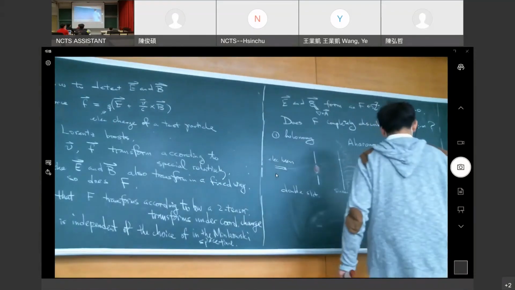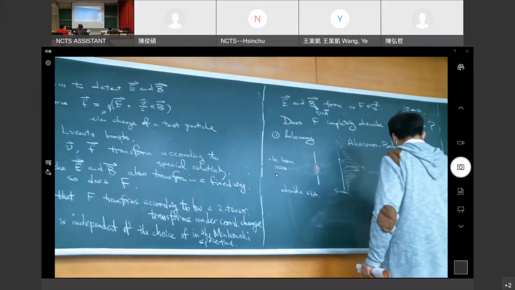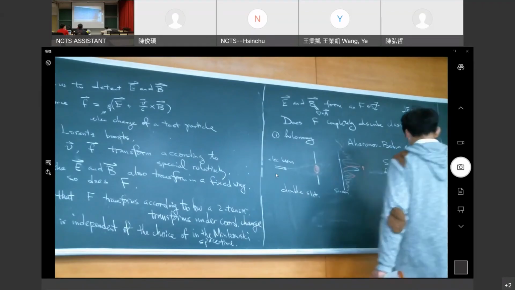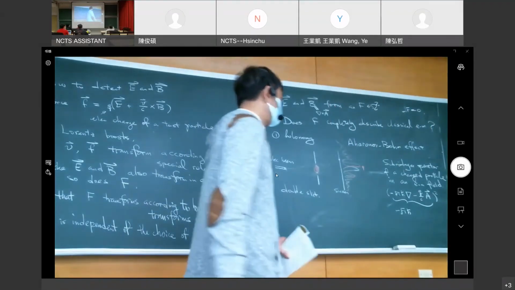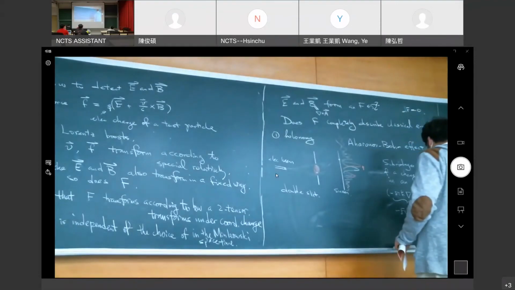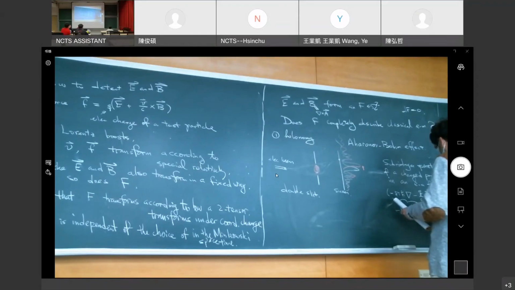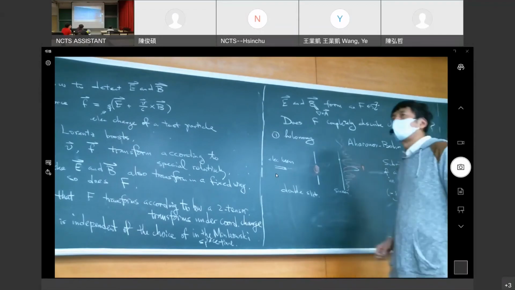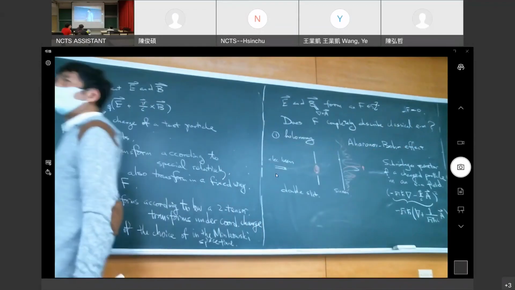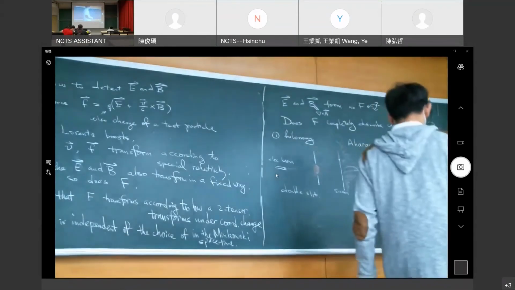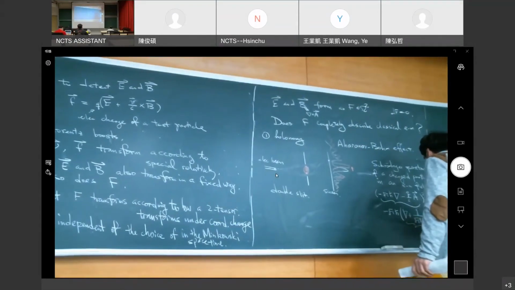So, that operator, if you rewrite it, you can rewrite it as minus i h bar times the nabla, the gradient operator, plus q divided by i h bar c times A, all squared. Now, here, the natural interpretation is that this is a covariant derivative.